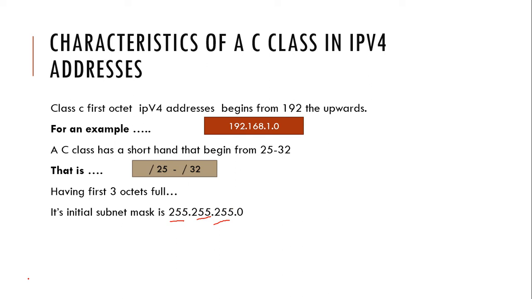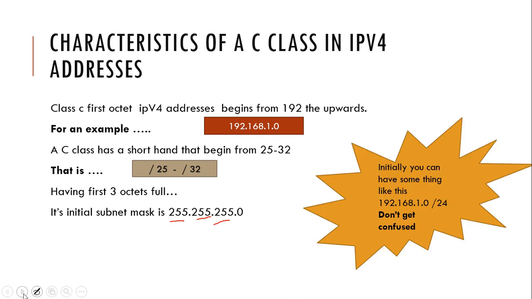Okay, let's keep on moving then. Initially you can have something like this: 192.168.1.0/24. The reason why you're having this /24 here is because, as I've said before, each octet consists of 8 bits, and all of these 8 bits are active.